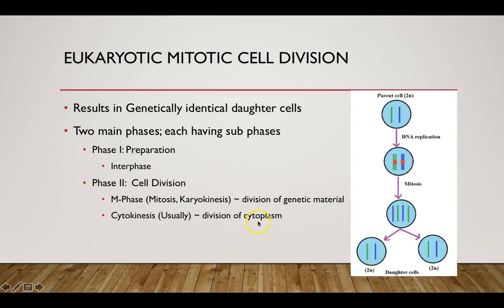First, the nuclear information divides, known as karyokinesis or mitosis, and then in most cells, the cytoplasm will divide. This is known as cytokinesis. Not all cells undergo cytokinesis. And when this happens, in this case, like we see in smooth muscle, we end up with a multinucleated cell.